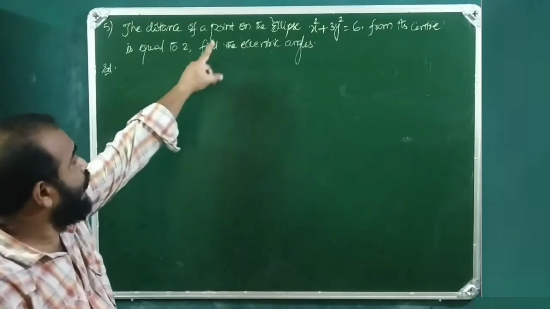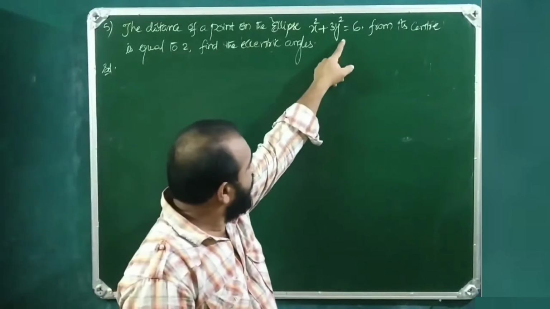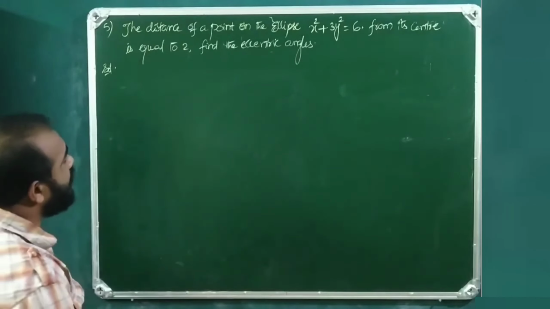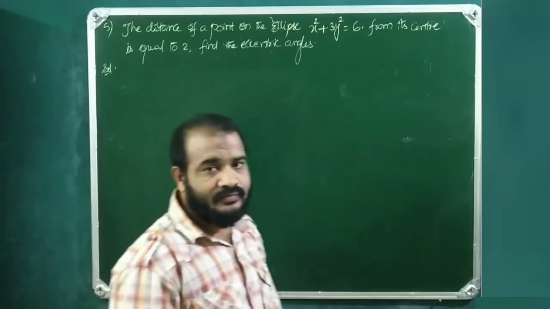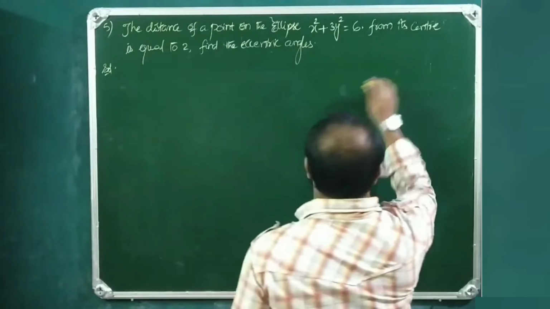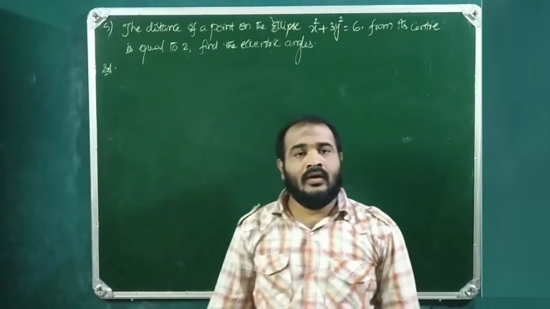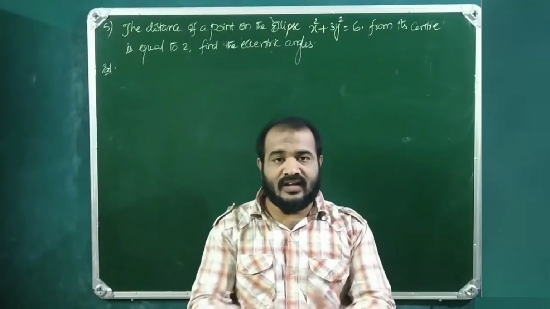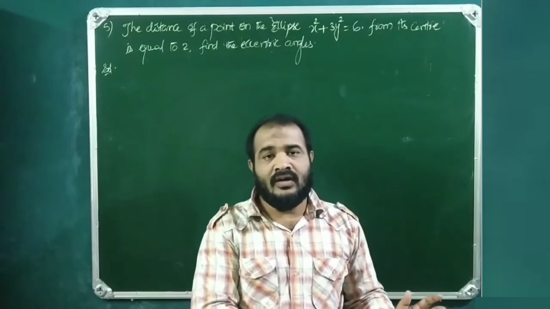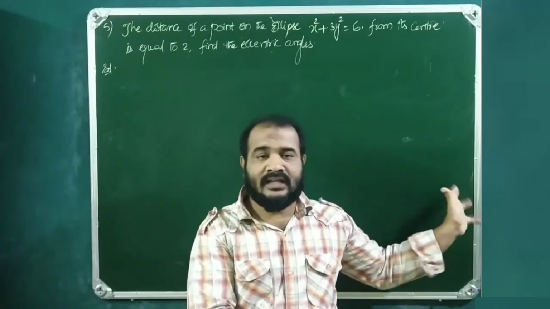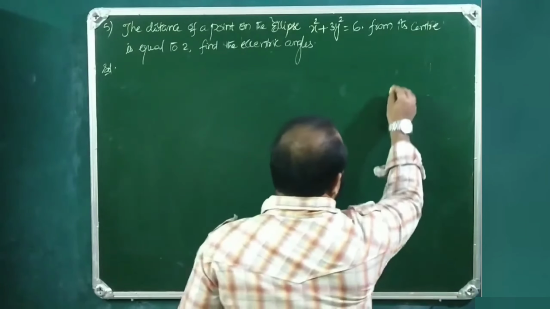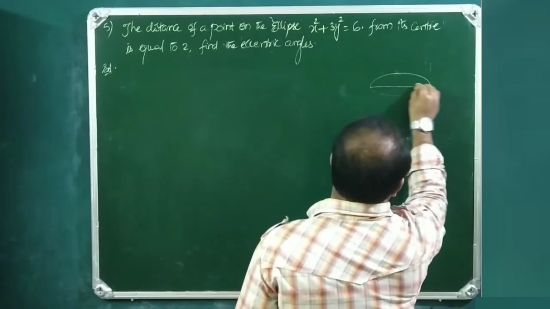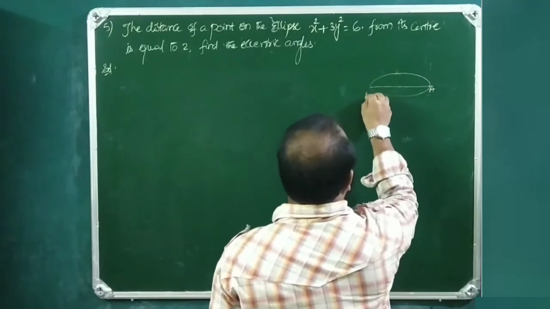The distance of a point on the ellipse x square plus 3y square equals 6 from its center is equal to half. Find the eccentric angles. So, first of all, what is meant by auxiliary circle? From the auxiliary circle, we deduced the eccentric angle in the last video. So, for example, this is our ellipse and this is A dash.